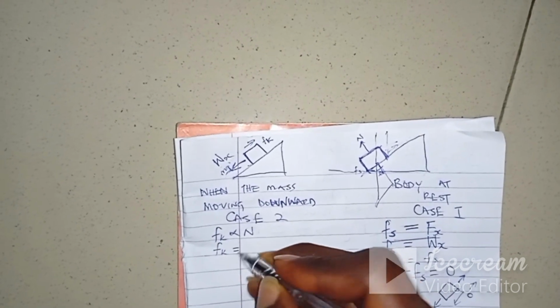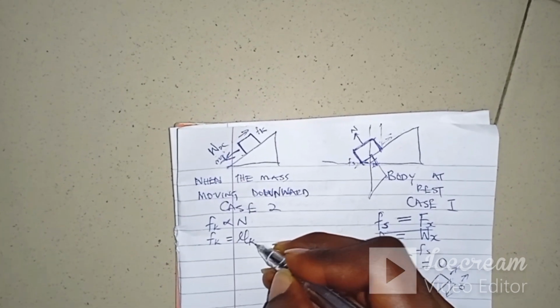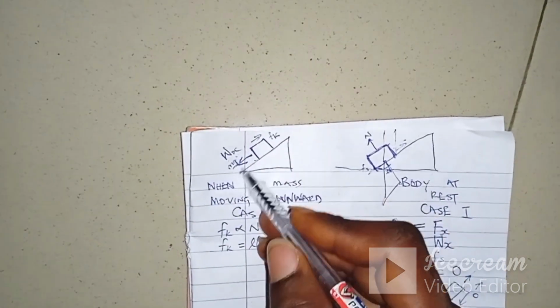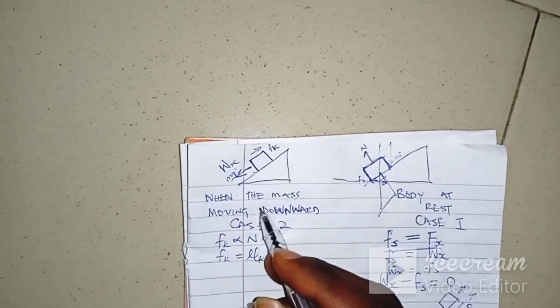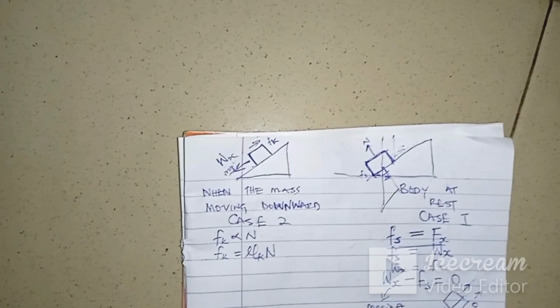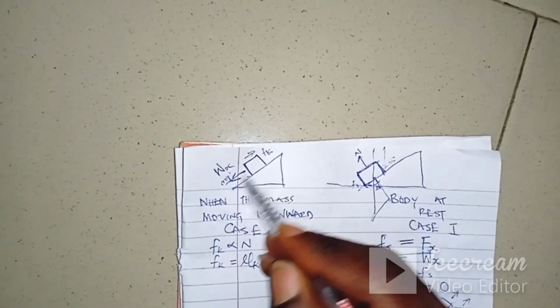Kinetic friction is equal to the coefficient of kinetic friction times N. So remember, these are the forces that will be acting on this object as it's moving downwards. So we check the forces that act on the object before we start talking about the motion.